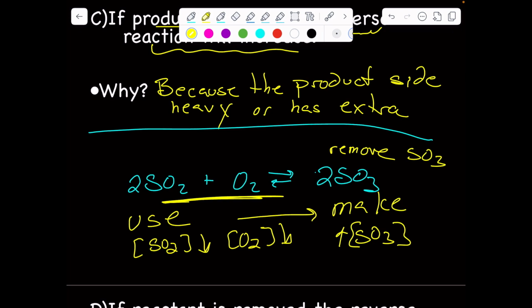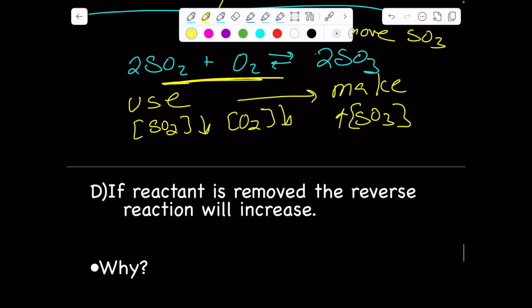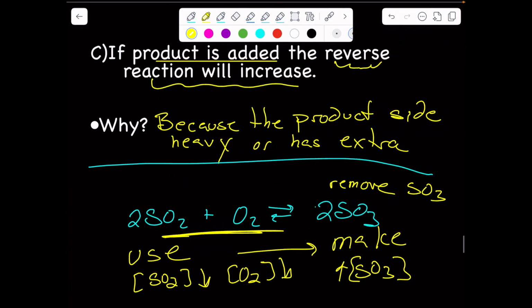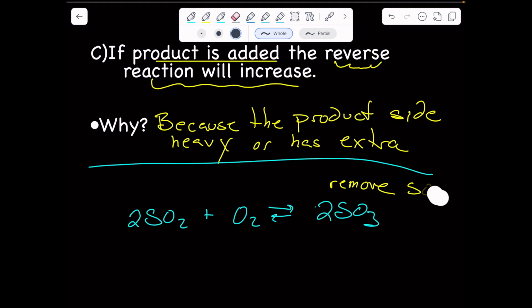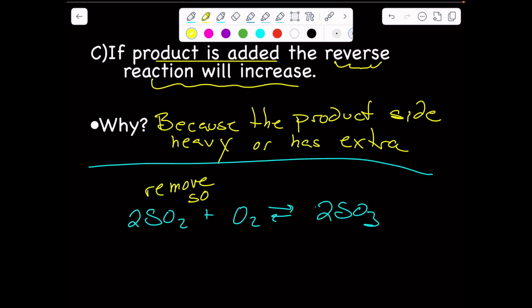Right? So now let's look at the answer. It says, if reactant is removed, oh, I did product there, didn't I? Okay, let's do the reactant as well then. Let's erase this. We'll try it again with reactant. So if we remove some reactant, let's remove some of this. If we remove SO2, which side is now the heavy side? The products.